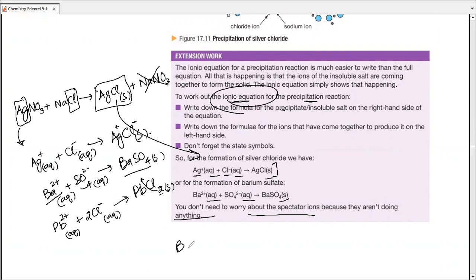You already know that you have barium ions over here, you have sulfate ions over here, and they are forming barium sulfate. In order to complete the equation, you can come up with anything over here as a positive ion, over here as a negative ion, and definitely this is going to form your spectator ion-based substance.